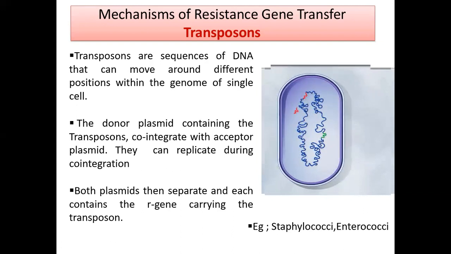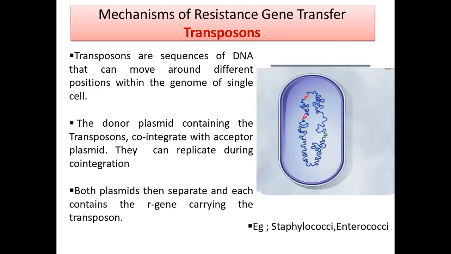Now you can see some of the red part is again separated. Now the red part, again you can see it is attached somewhere else, right? So this is the transposon element. First it binds, it integrates, then it attaches.